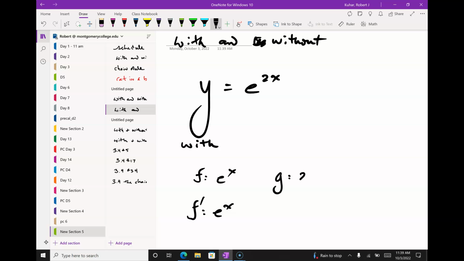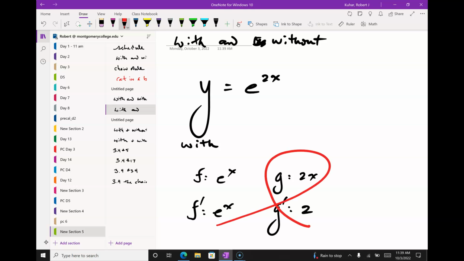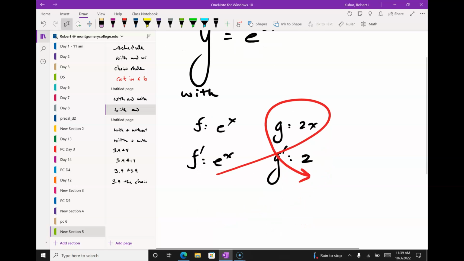Inside function is 2x. Derivative is 2. And I want to do a loop where the derivative of the outside gets evaluated at the inside. Keep the cat in the box and then multiply by the derivative of the inside. So I get y prime is e to the 2x. Is that making sense there? You see how I put this thing inside? So I want to take that and put it into the placeholder in the original function and then multiply by 2.